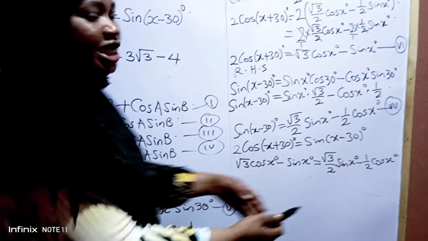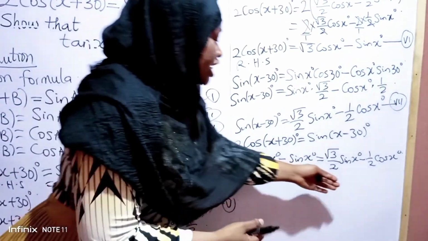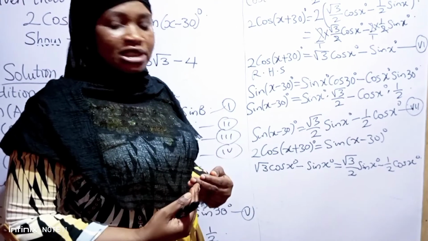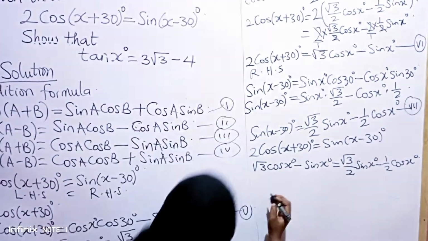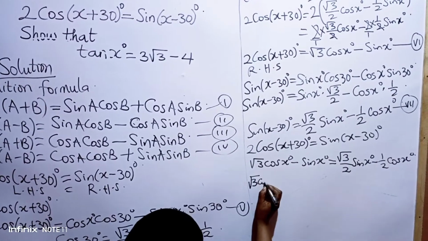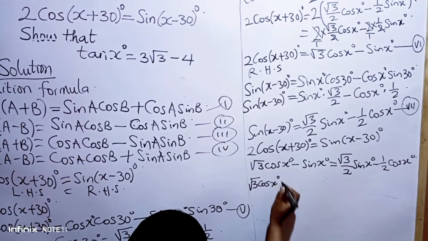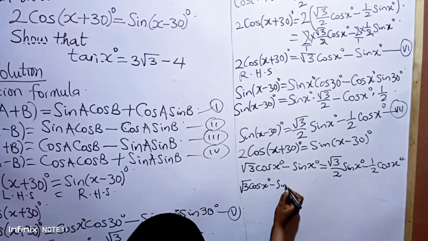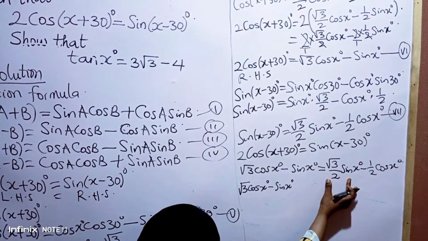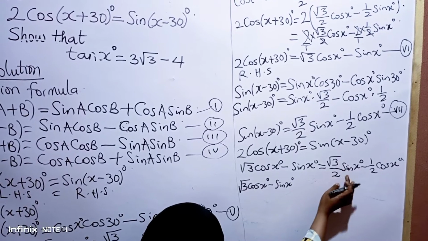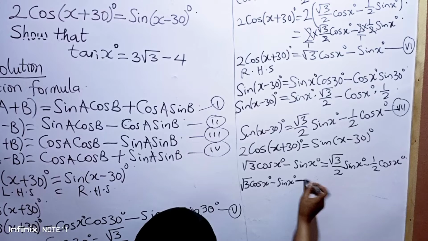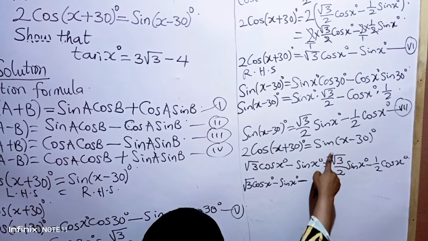Now let's collect like terms, or let's move the right hand side to the left hand side. So we have root 3 cos x degrees minus sine x degrees. Now if we move root 3 over 2 sine x, if it comes in, it becomes minus, since there's an invisible plus here.